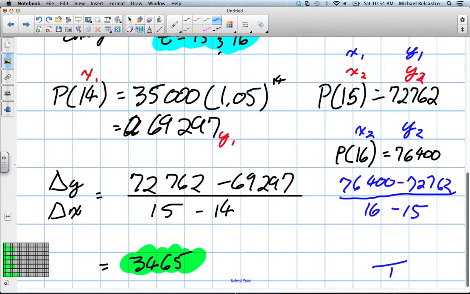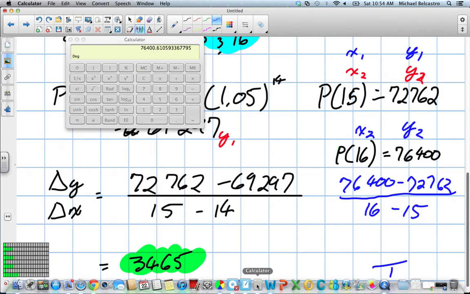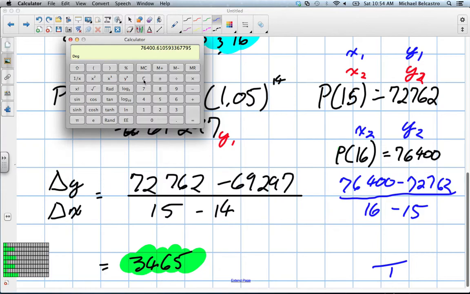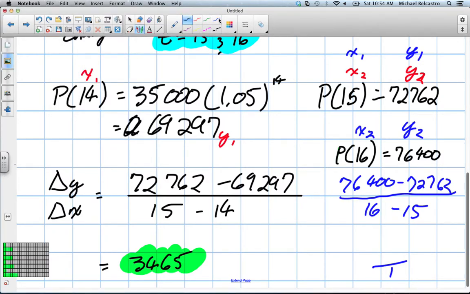So we just subtract these two values, which gives 3,638. Is that pretty much what they got? Yes, they got 3,639 because of rounding, but 3,638. Okay, so those are our slopes.